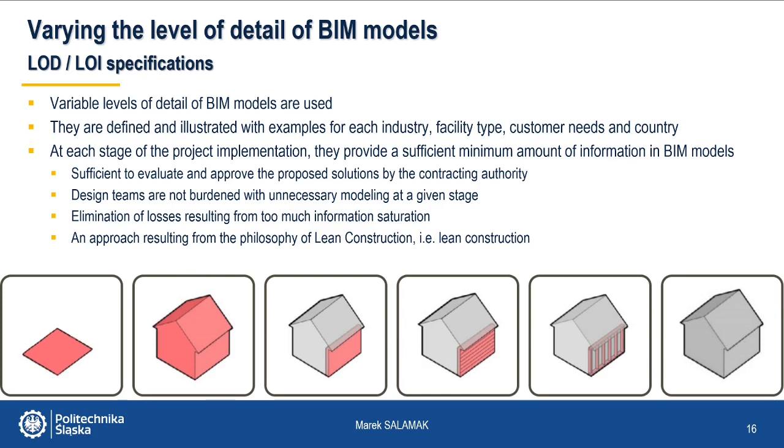Thanks to this, it can be done without the design and executive teams incurring an excessive workload related to unnecessary detailed modeling at a given stage. This approach is consistent with the idea of lean construction. It allows to eliminate losses resulting from too great saturation with information.